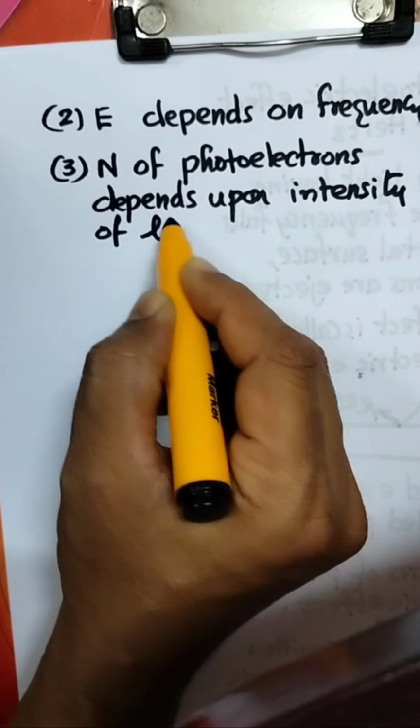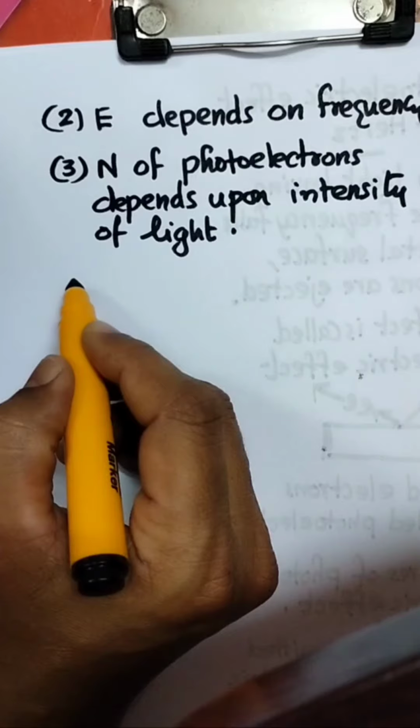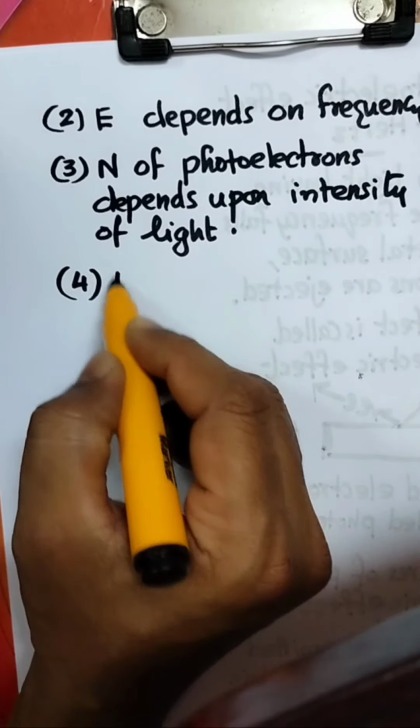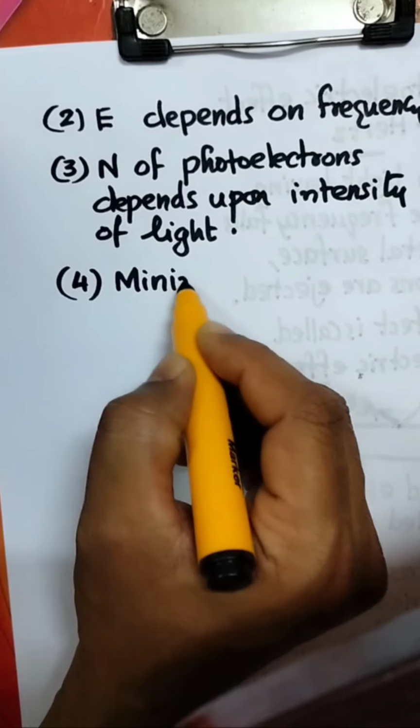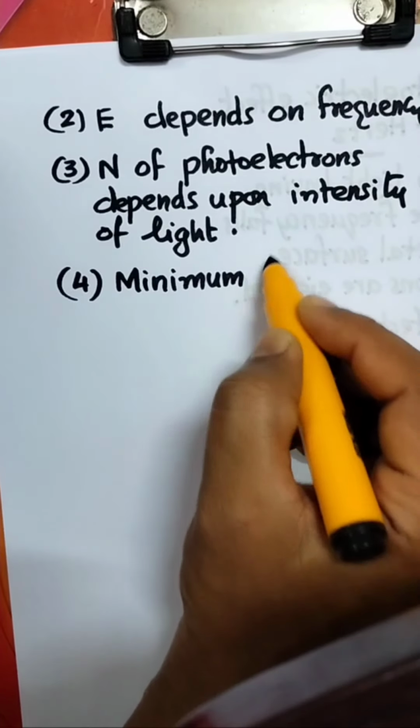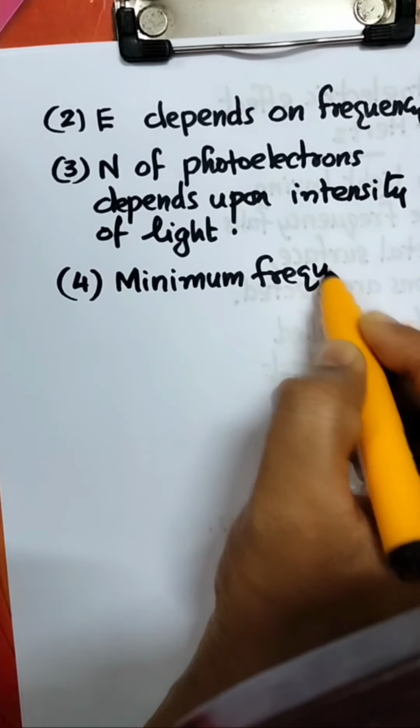Then fourth point, minimum frequency required for photoelectric effect is called threshold frequency.